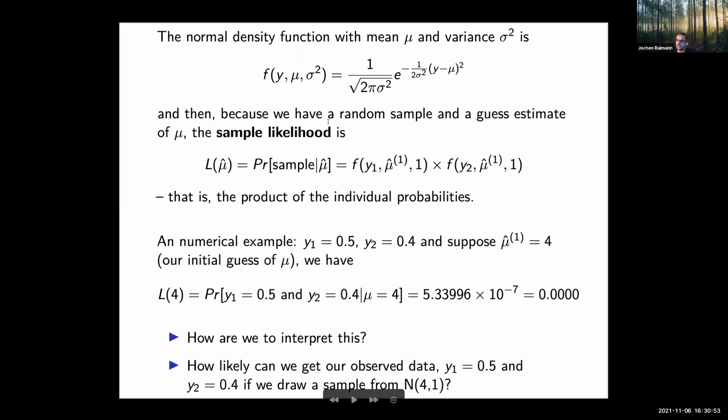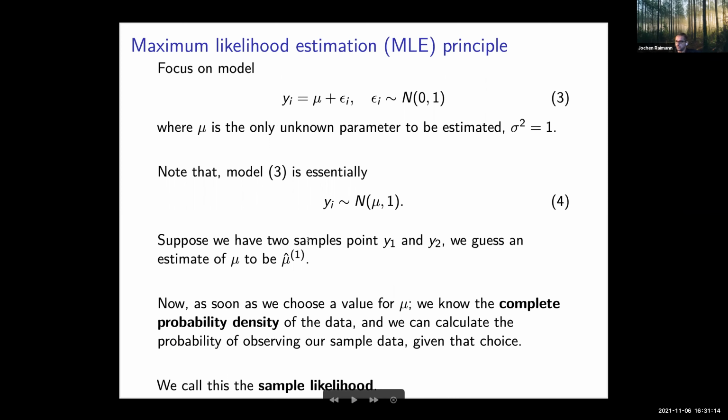And because we have a random sample and a guess estimate of mu, the likelihood of this predicted mu in our sample is essentially a function of our y1 and y2. We said we would estimate this with two sample points, y1 and y2.